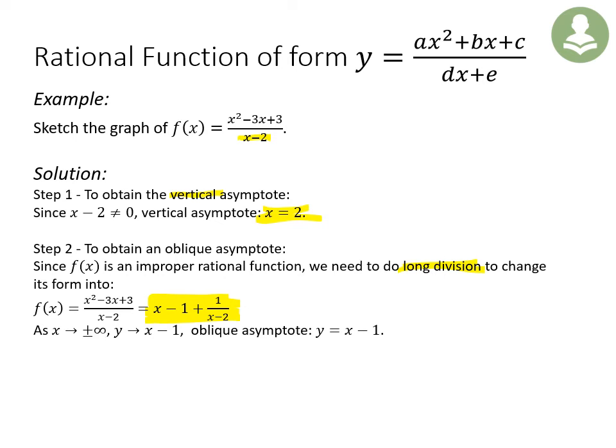So we would now know that y can never exactly equal x minus 1. So I have an asymptote which is a straight line, in this case a positively sloping straight line. We are going to call this an oblique asymptote instead.